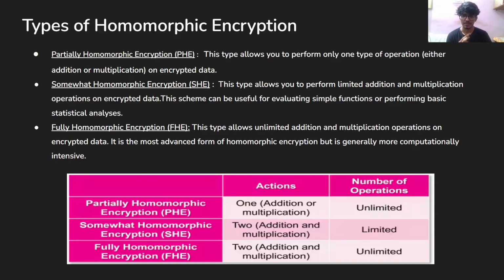This method allows us to perform both addition and multiplication operations on the data or the plain text as many times as we want. But the catch is it is computationally expensive, meaning it takes a lot of computational power to perform the operations. So it's comparatively less used in practical life compared to the other homomorphic encryption types.